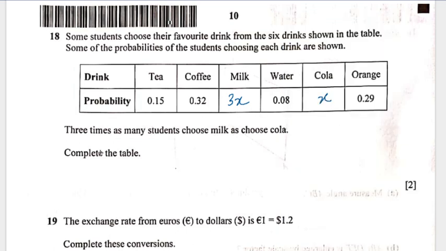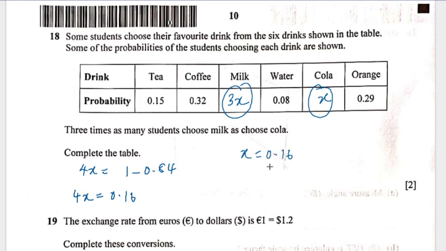So therefore, the remaining is the 4x equals to, because you got 4x, isn't it? 3x, x, 4x. 4x equals to 1 minus 0.84. Okay, this one will give you 0.16. So this is your 4x. So to find 1x, this is a simple linear equation. So we can get x equals to 0.16 over 4, which is 0.04. So to complete the table here, let's erase this part here.